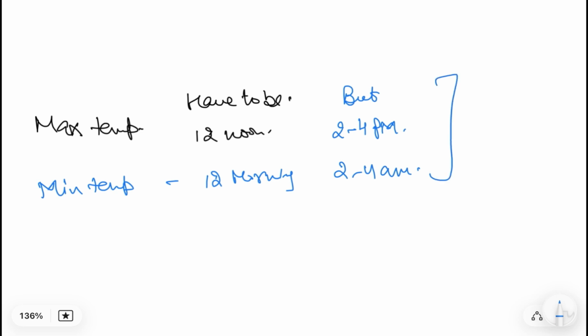Now the question is, why is there a lag? Because the earth receives maximum solar radiation at 12 noon, it gets trapped on the earth's surface, but it will take more time in the re-emission, and it gets trapped by carbon dioxide and the gases. So the lag is because re-emission will take time.